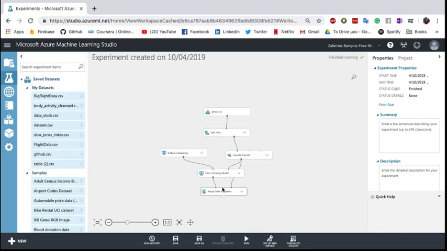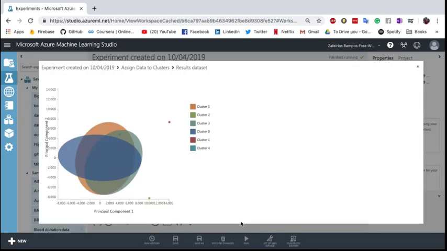Okay, perfect. Let's see the output of assigned data to clusters. Perfect. We have 6 clusters. We have the data points like the outliers, and we can see that there are 3 clusters, one into the other, and that's because Azure, when it tries to visualize the clusters, uses the PCA method.